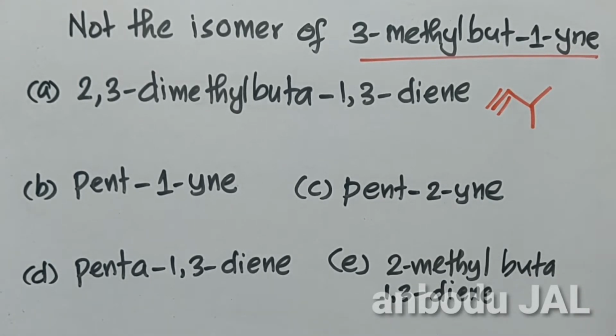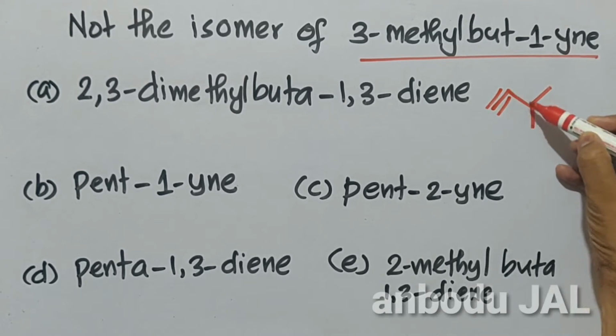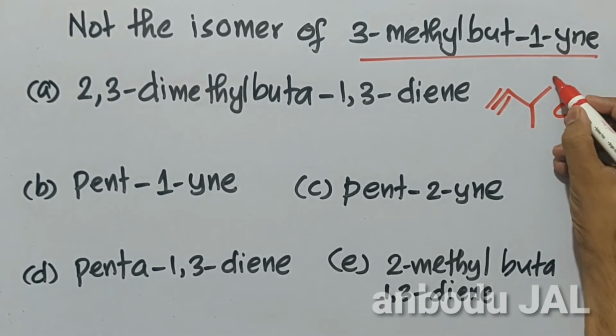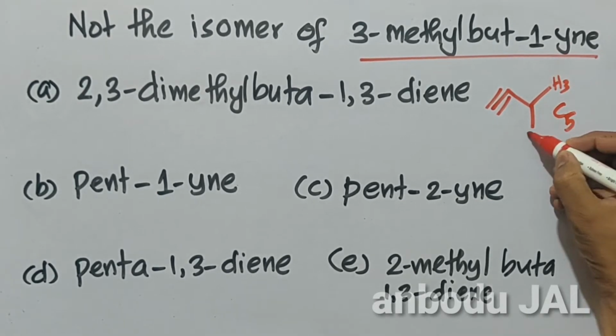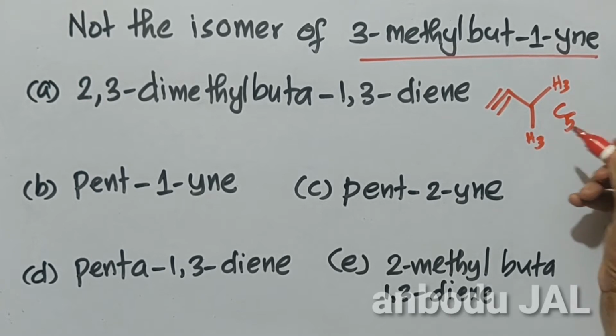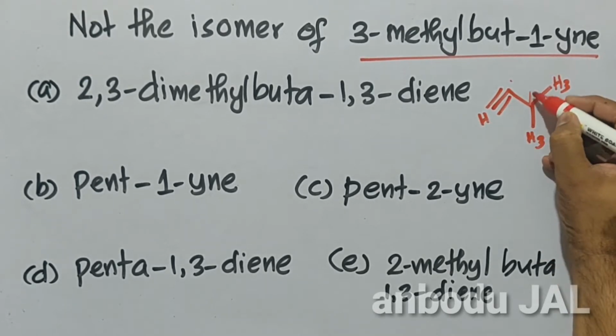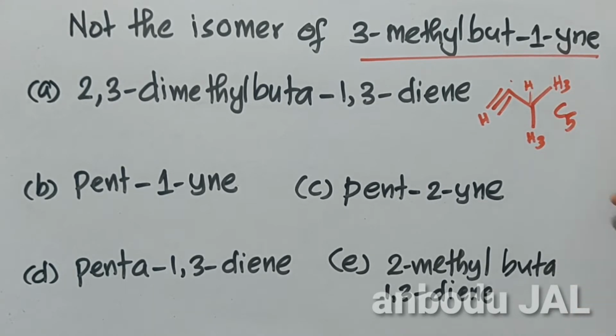We can count the number of carbon atoms, 1, 2, 3, 4, 5. So C5. Next hydrogen: here 3 hydrogen atoms, here 3 hydrogen atoms, here no hydrogen but here 1 hydrogen, and here 1 hydrogen is present. Total 8 hydrogen atoms. So C5H8 is the formula of this compound.